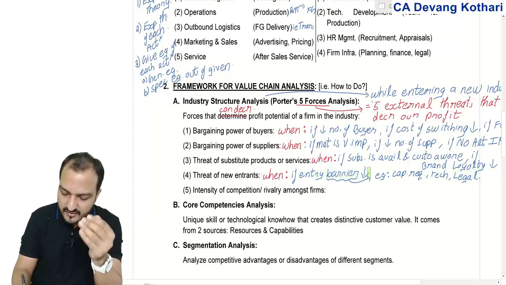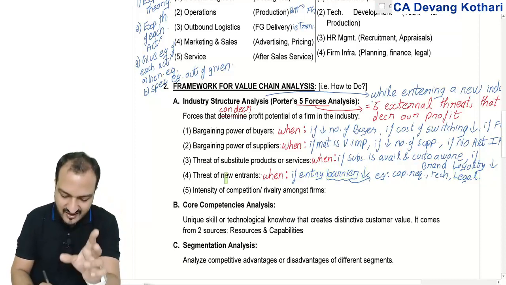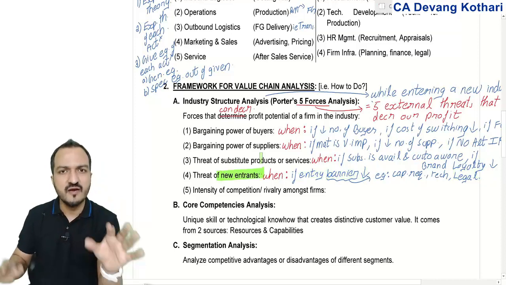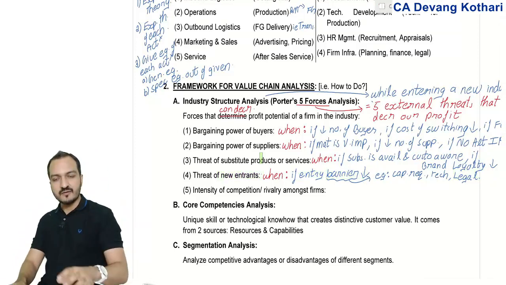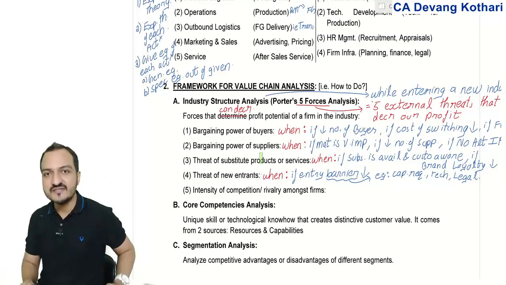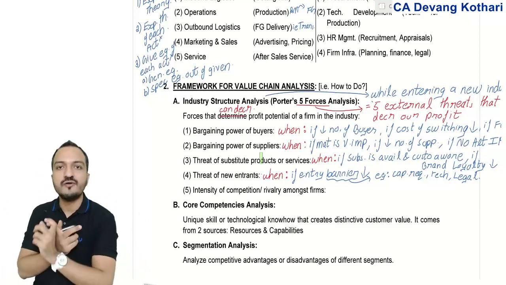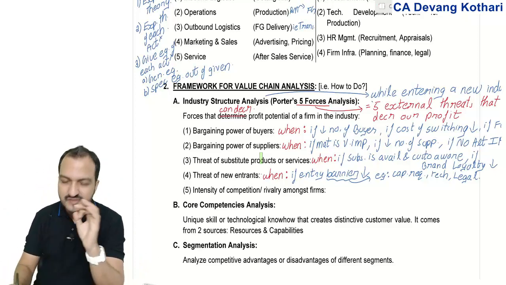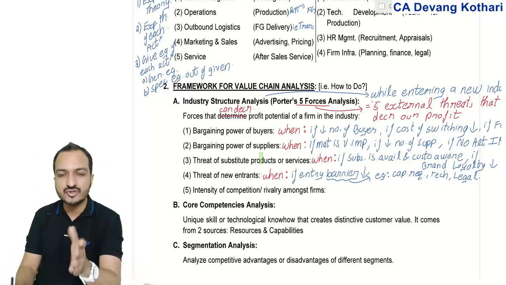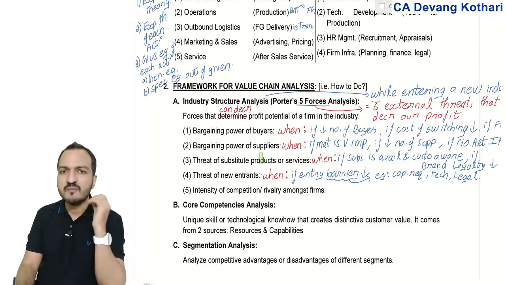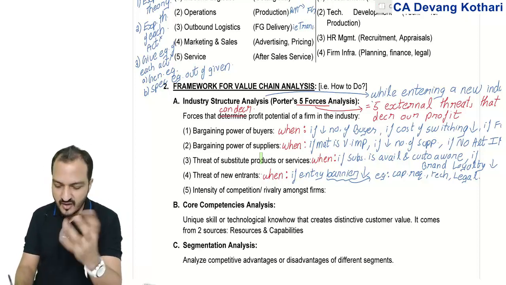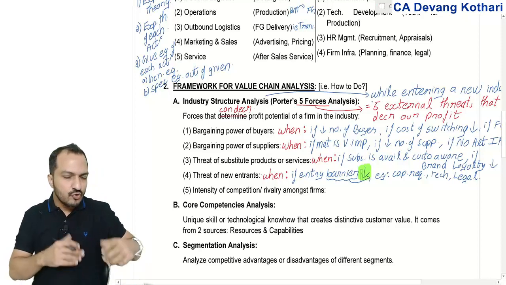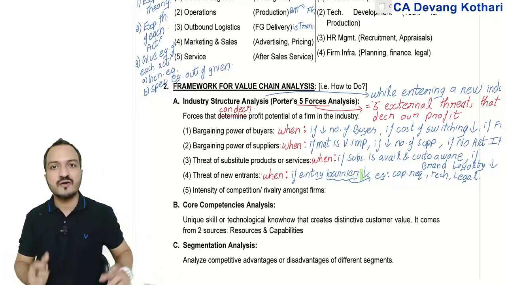If the entry barrier is less, then there can be threat of new entrants, right? Within our CA industry, for a practicing CA, signing audit reports, the entry barrier is high because only qualified chartered accountants can sign audit reports. But filing IT returns, the entry barrier is less because in order to file tax returns, you're not necessarily supposed to be a chartered accountant.